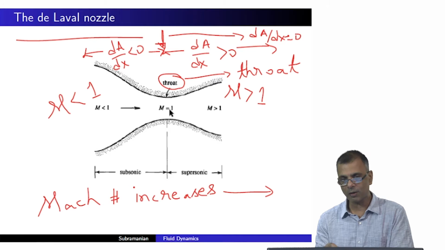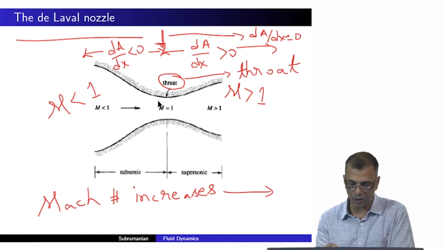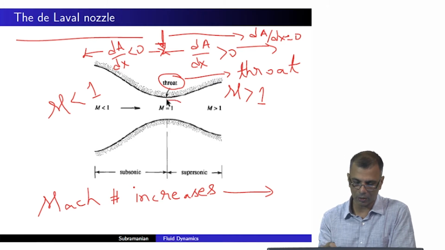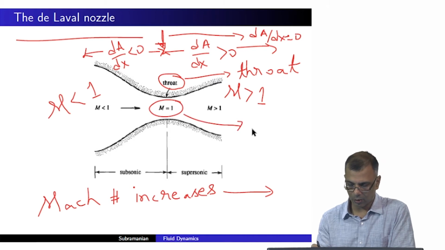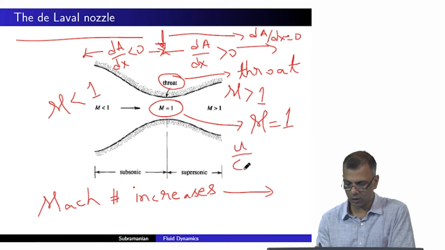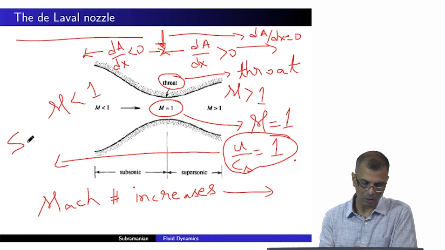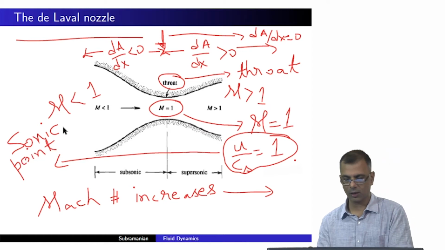Whereas on the right, once you pass what's called the sonic point, in other words, U over C_s is equal to 1, right? And so this is called the sonic point, for obvious reasons, right?